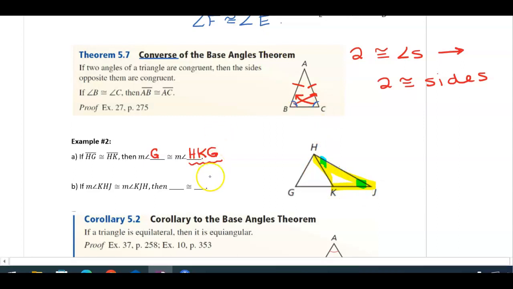I don't care about the one on the left. If those two angles are congruent, I have two congruent sides, and the two sides that are congruent are opposite those two angles. That would mean side JK is congruent to side HK.